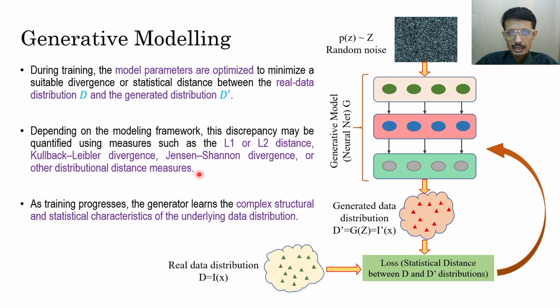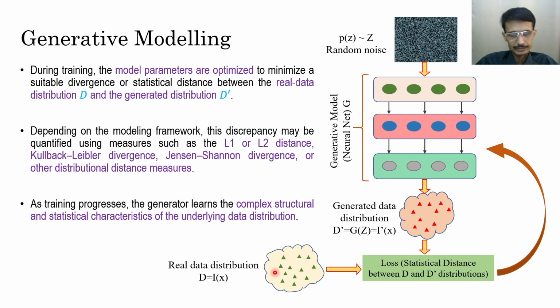So we can use different loss functions. Basically, the loss function is the statistical distance between two distributions. Now, what happens when the training progresses? The generator learns how to generate samples which are very close to the underlying real data distribution.